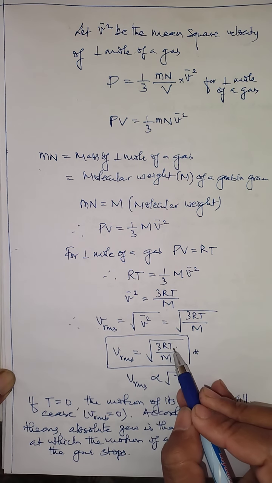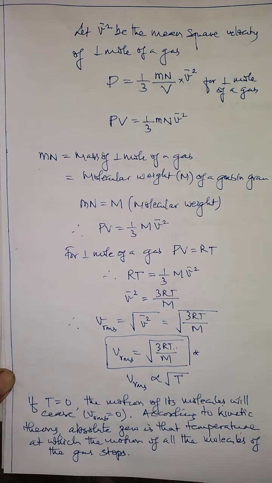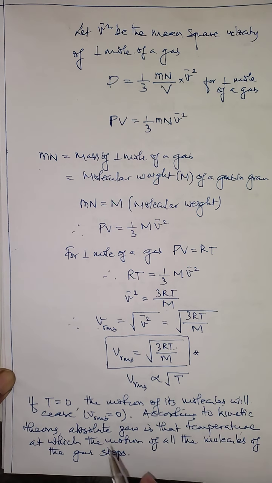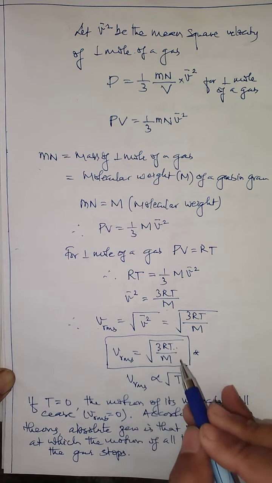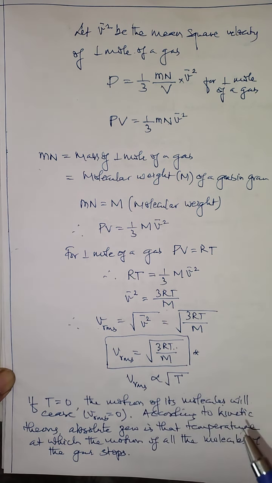If temperature cannot be negative, speed cannot be negative. Thus, no temperature is possible below absolute 0. But even absolute 0 is a temperature a gas cannot actually achieve. This is only a theoretical consideration. So this is the relation that gives the RMS speed of the gas in terms of the molecular weight and absolute temperature of the gas.